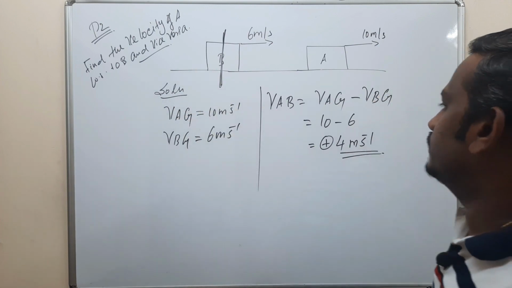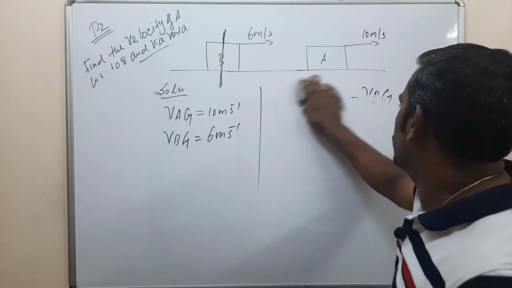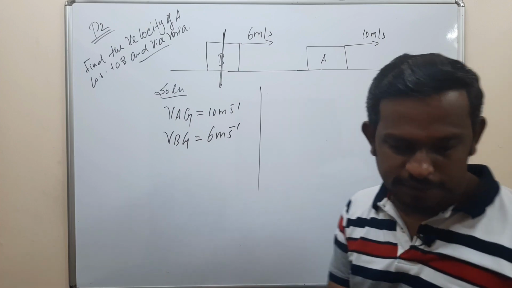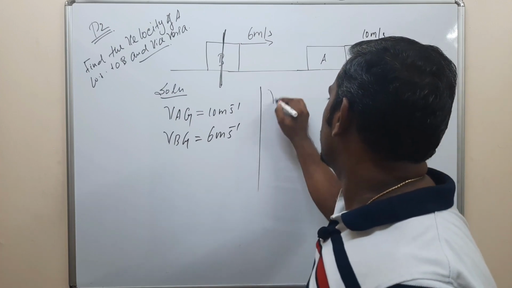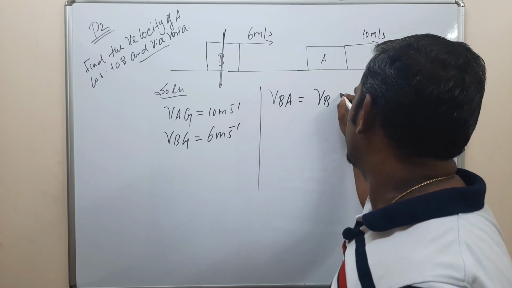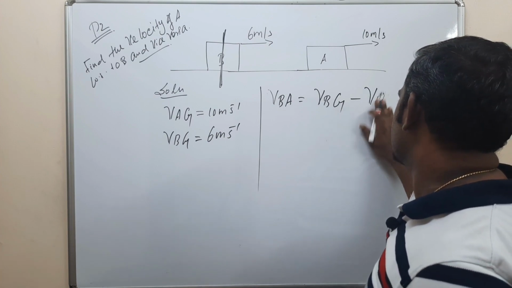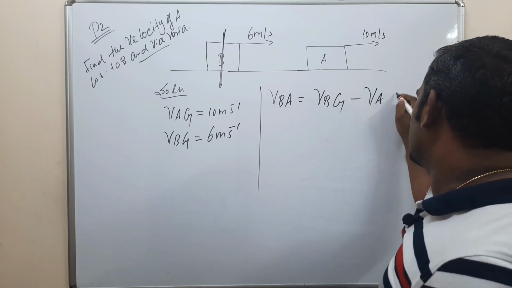Vice versa means we have to find the velocity of B with respect to A. Formula: velocity of B with respect to ground minus velocity of A with respect to ground.